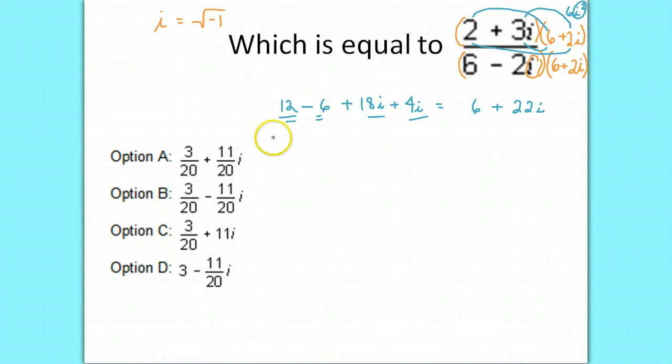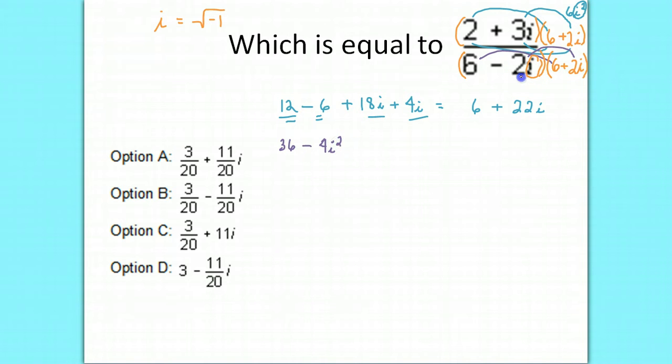Okay, now for the denominator. Let's change color again. Okay, I'm going to do 6 times 6. So that would give me 36. Here, I have negative 2 times positive 2, that gives me negative 4i squared.